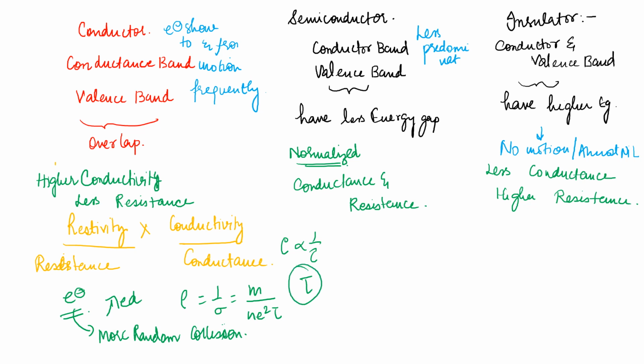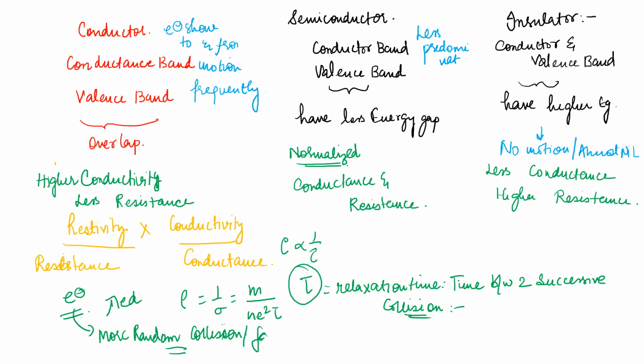Sorry, tau is decreasing. This is relaxation time, the time between two successive collisions. So this time is decreased. Random collisions and faster collisions. As the collisions are faster, relaxation time is decreasing.